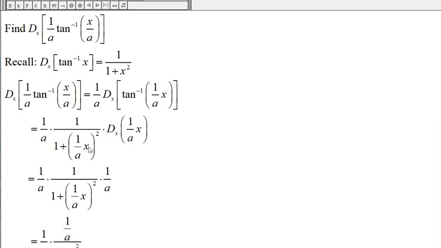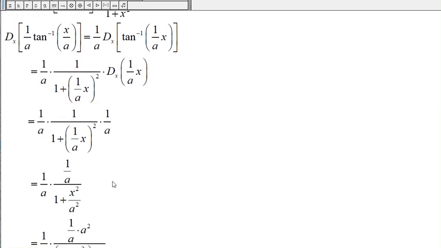And then the chain rule says that we have to multiply by the derivative of 1 over a times x. The derivative of 1 over a times x is 1 over a. 1 times 1 over a is 1 over a.